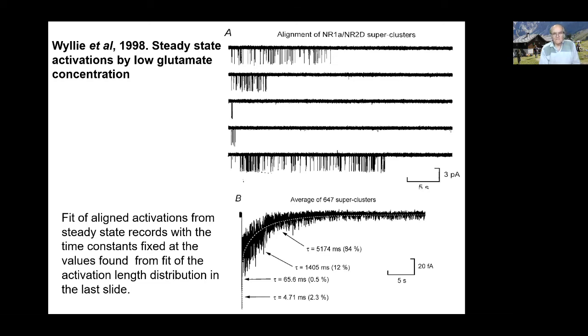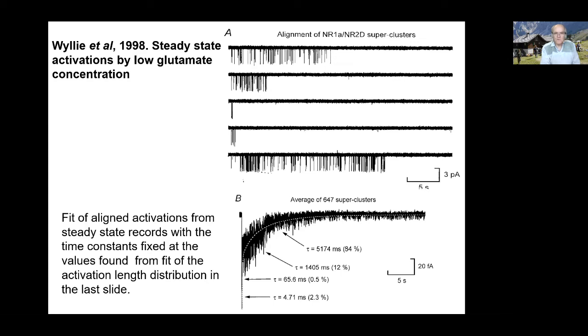distribution of the length of the activations, and we can fit this average with those time constants if we fix them during the fit. Of course, the amplitudes are not easily predicted, because they depend on the opening probability, the entry probabilities, the initial vectors.